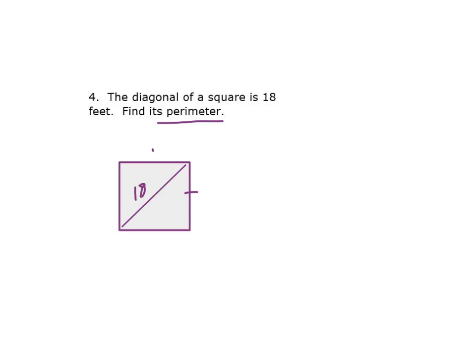So we know a square has all the sides congruent, and we also know that it consists of a 90-degree angle on all the corners. This diagonal is going to bisect the 90-degree angle, which means we have a 45-degree angle and another 45-degree angle with our last 90.